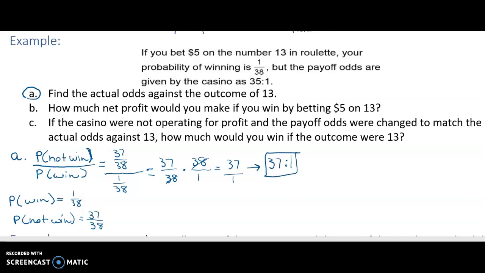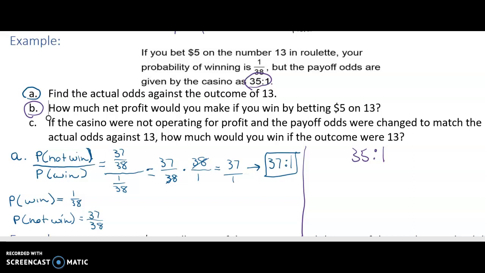For part B, we're asked how much net profit would you make if you win by betting $5 on the number 13. So, in this case, we're going to use the casino's odds of 35 to 1.